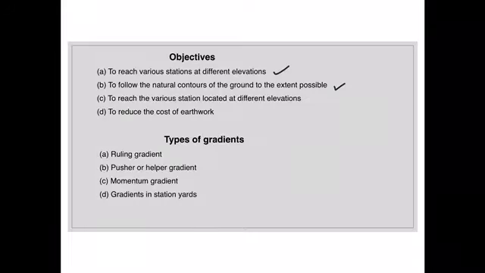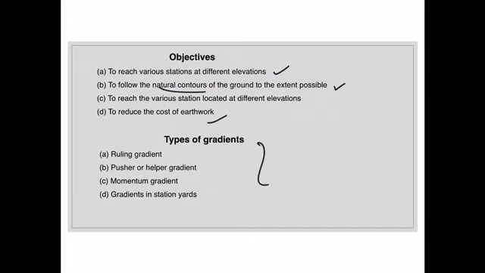So following the natural contours reduces the amount of earthwork done, which in turn reduces the cost of construction of the railway track.